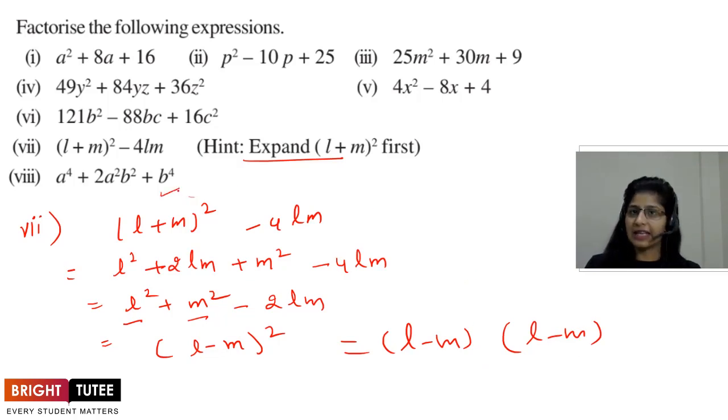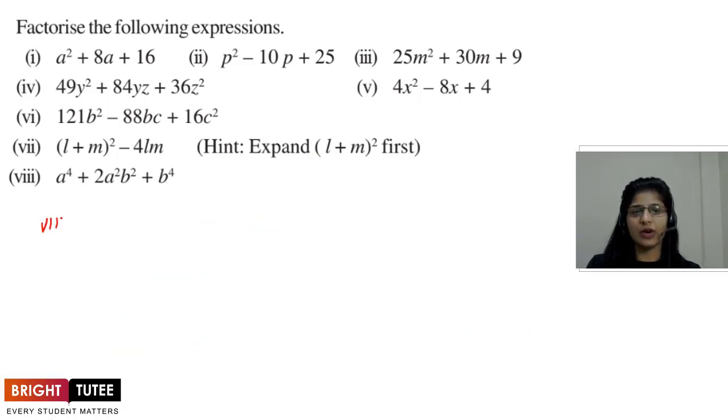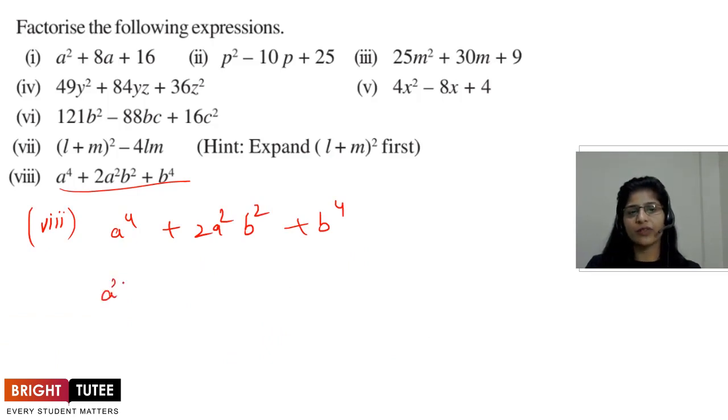Now we are left with the last part of the question, the eighth part. Let us solve that also. I hope now you can recognize easily what is to be done in this question. A to the power 4 plus 2a square b square plus b to the power 4. A to the power 4 is the square of a square, b to the power 4 is the square of b square, plus 2 into a square into b square.